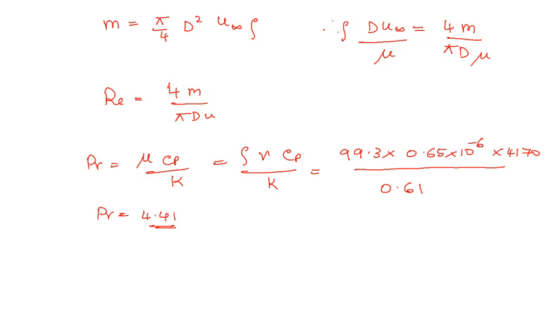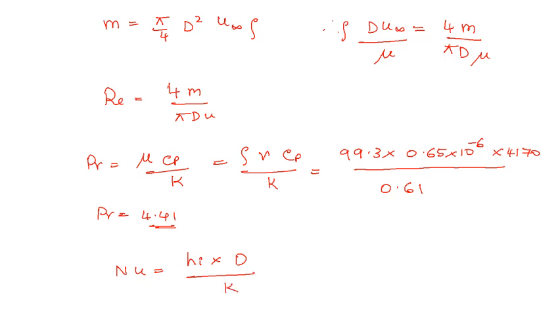There may be slight variation when we refer to this Prandtl number in the data handbook, but it's okay. Next, to find out the Nusselt number, we can use the correlation: the convective heat transfer coefficient into diameter by K, right?